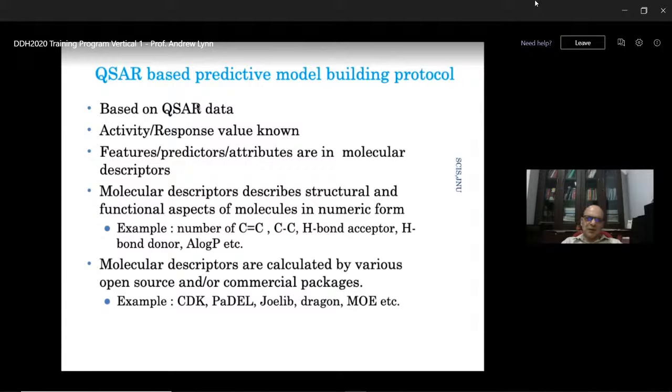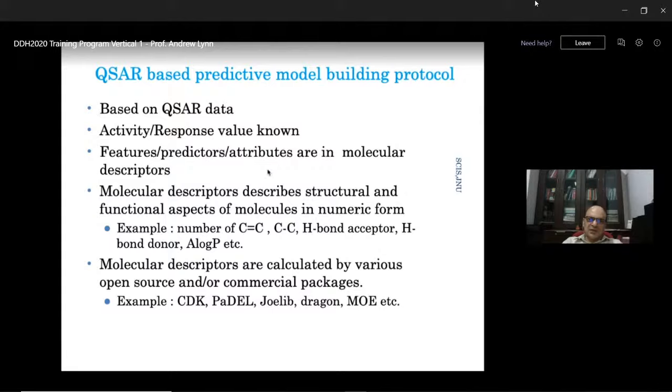And traditionally, before machine learning became very popular, we were doing QSAR, but we were traditionally doing it from a chemistry perspective. Partial least squares, for instance, comes from QSAR. It was used in chemistry, but it has now become quite standard. But now a lot of machine learning methods were developed with other things, let's say image analysis. We can reapply them here. So the response value is activity.